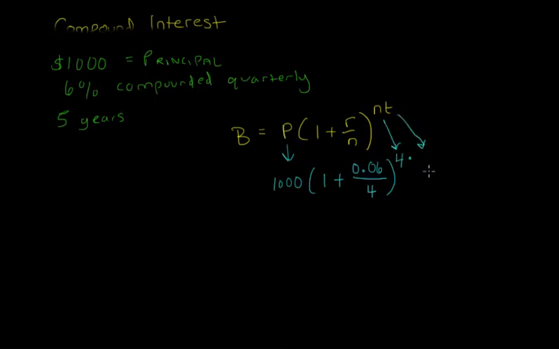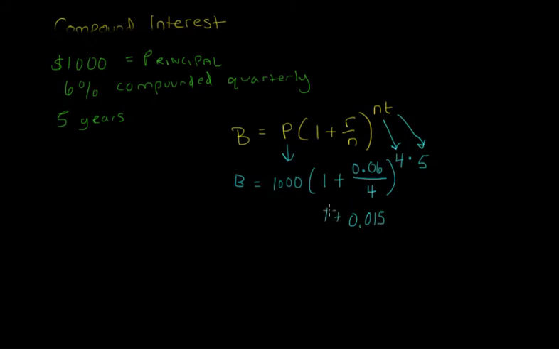So what is T? Well, it's 5 years. So 4 times 5. There's a lot of things to plug in, and I'll go ahead and write my equals B. To be honest with you, I haven't even solved this problem yet. I just kind of made up half of it off the top of my head. So let's start solving it. I need to do 0.06 divided by 4, and that is 0.015.